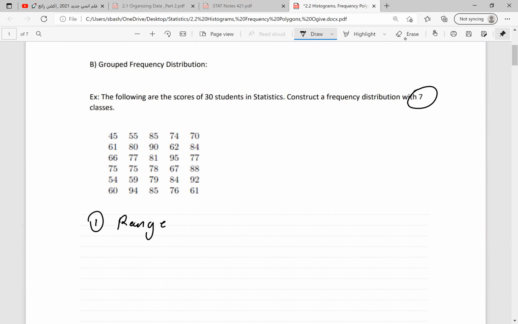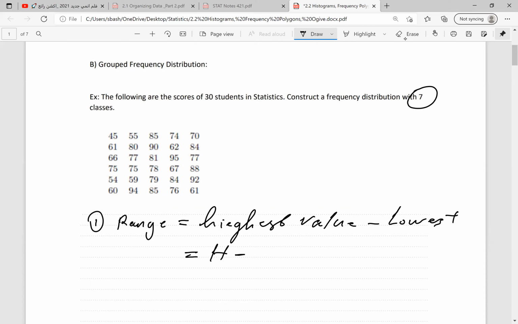Range of the data is equal to the highest value minus the lowest, H for the highest minus L for the lowest.